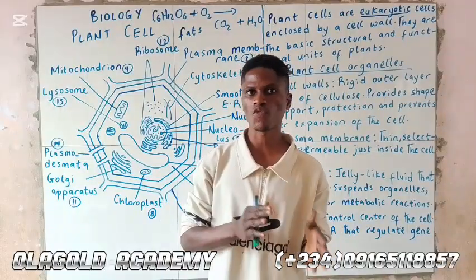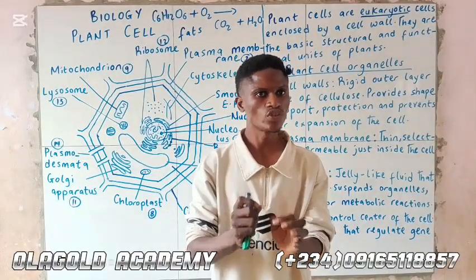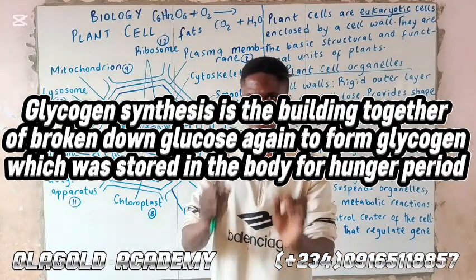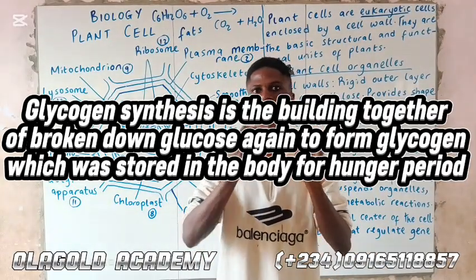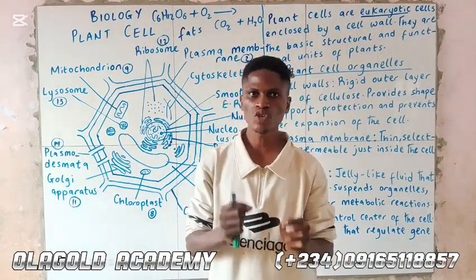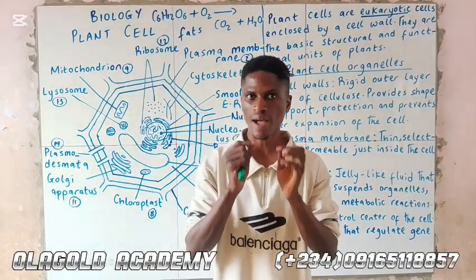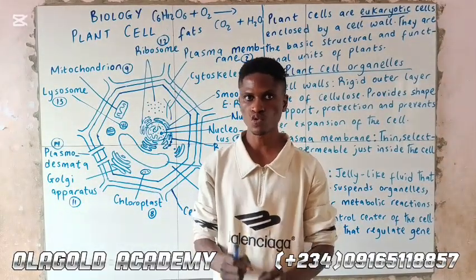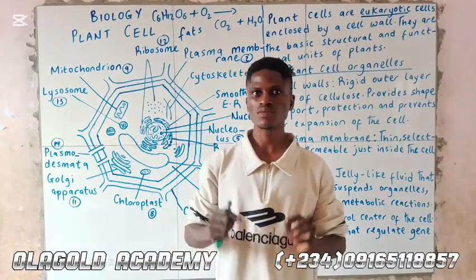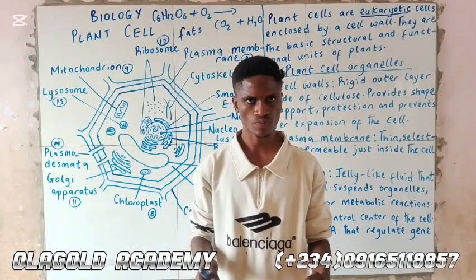Another example of anabolism is glycogen synthesis, because one thing we should understand is that anytime we eat starchy food or food that has carbohydrates, the food breaks down in our body to form glucose. Now, at that moment, the body does not make use of the entire glucose.